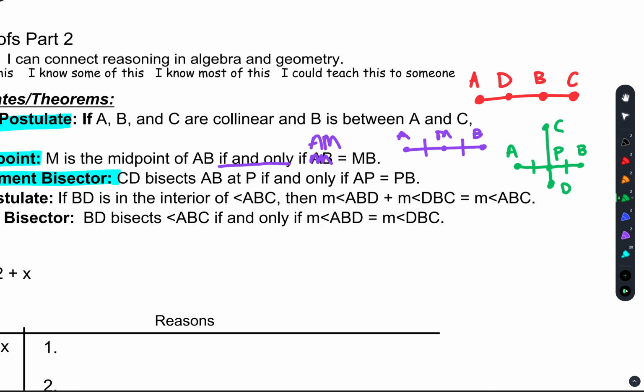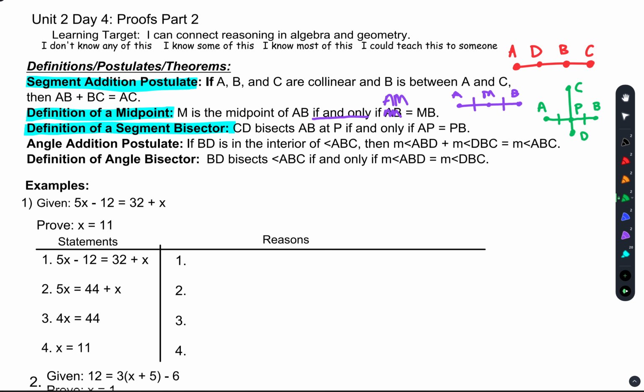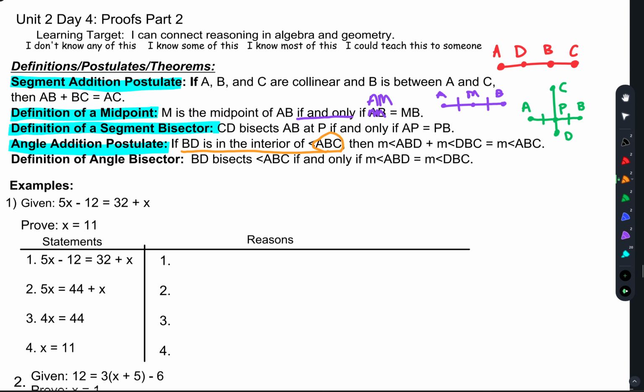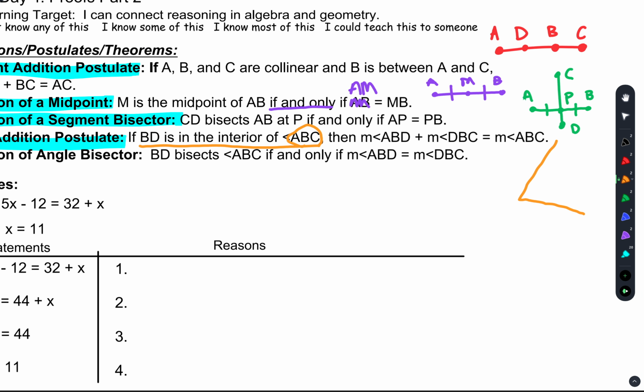Then I can do kind of the same stuff with angles. Similar to the segment addition postulate, I have an angle addition postulate, and that literally says that if I have a whole angle ABC, and then somewhere inside of that angle, I have another ray, like, let's put it over here, BD, then just like we said with the segments, 2 parts make up a whole angle.